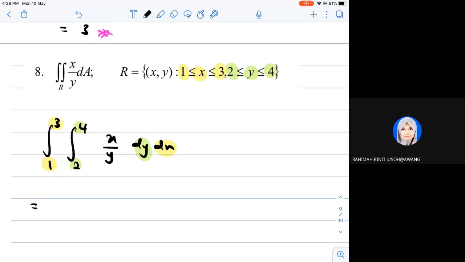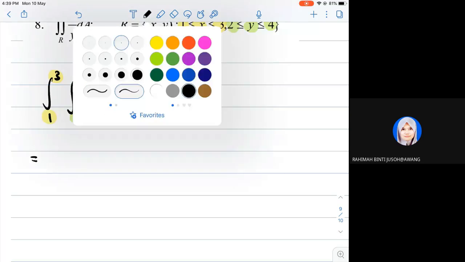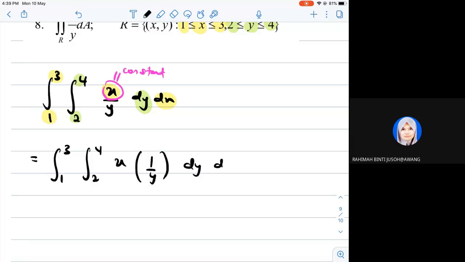Okay, since we integrate with respect to y, of course x becomes a constant. x is just a constant, so we can take the constant out first. So from 1 until 3, with 2 until 4, x sits outside. We integrate 1 over y, dy dx.